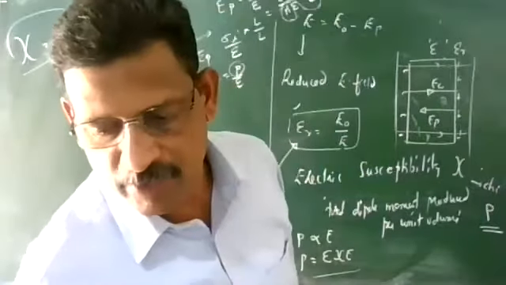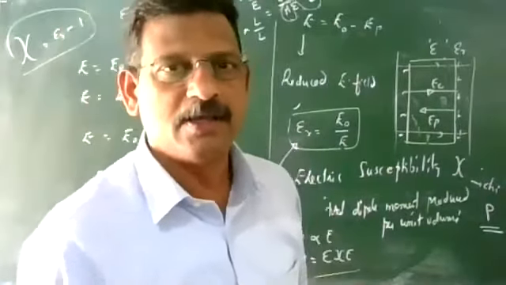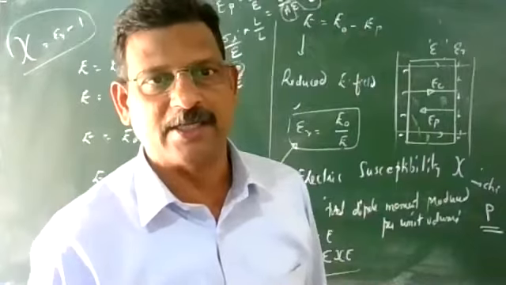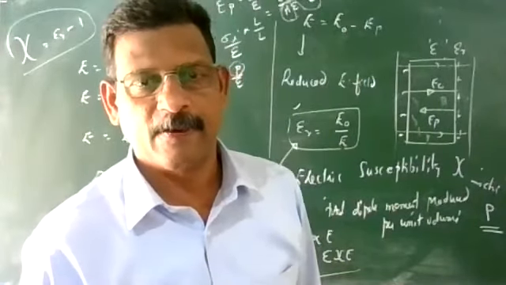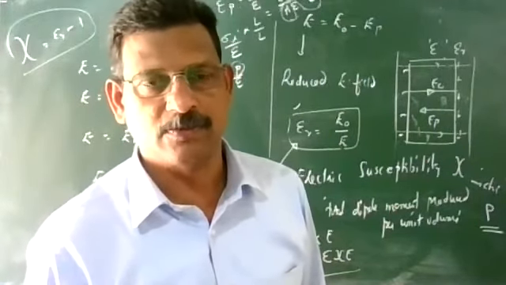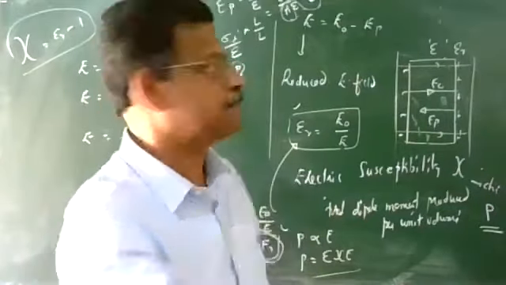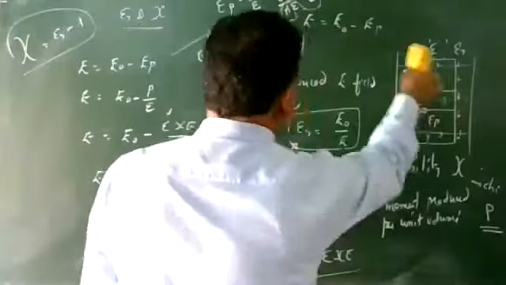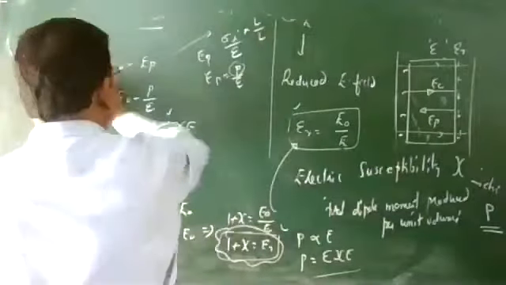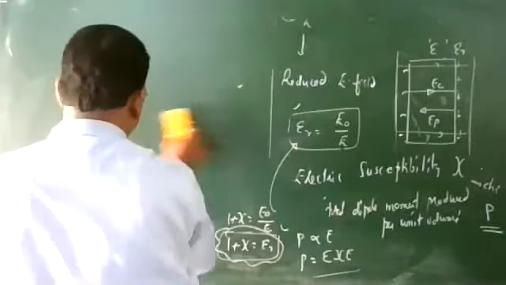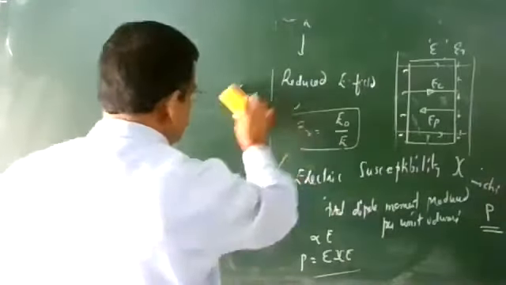Next, we have conductors too. Some points I am explaining for conductors: the behavior of conductors in an external field. What will happen? The first point is very important for us. Instead of a dielectric slab, suppose we place a conductor.